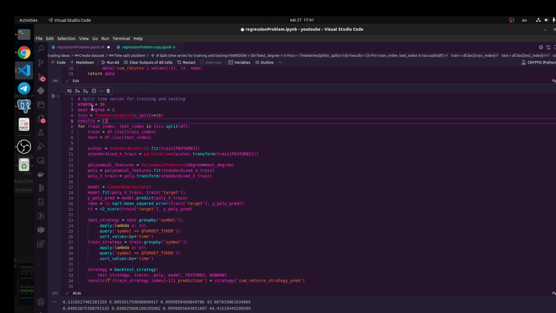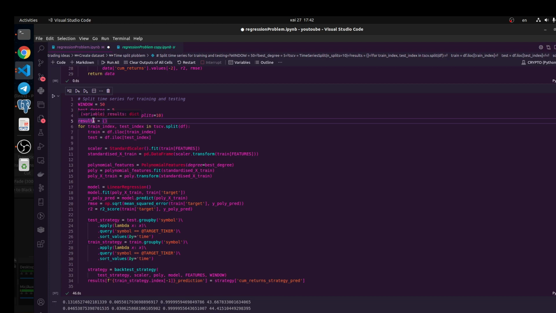For example, we define some parameters. This is a window where we're going to create a channel using linear regression. Also, we're going to use the best degree. It is the parameter for the polynomial feature, and we're going to use a time split. Next, we define a dictionary.